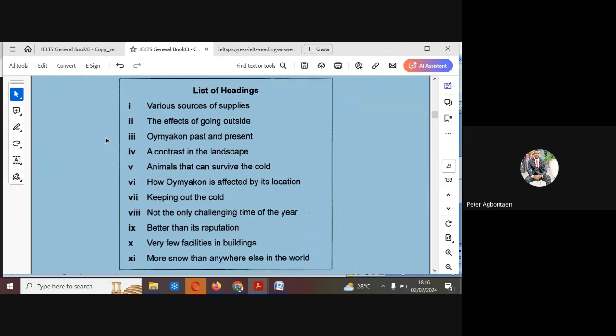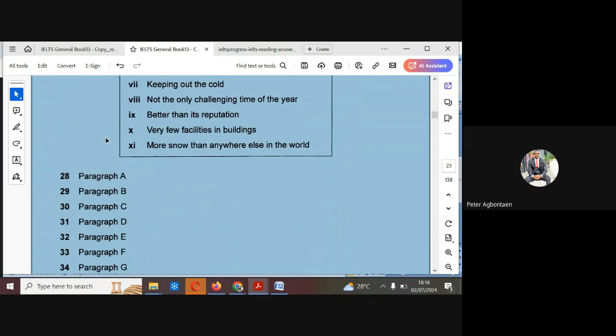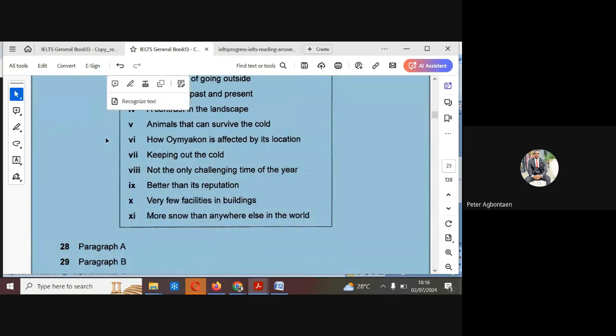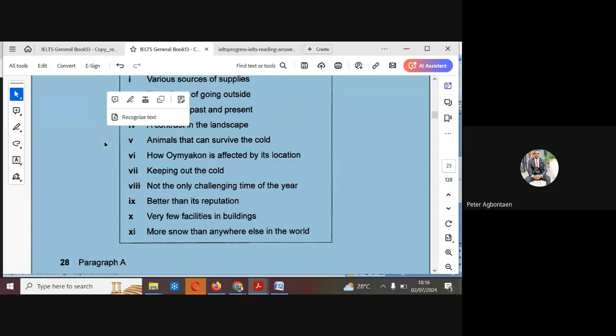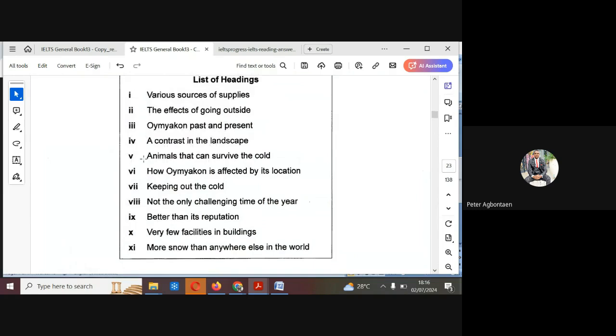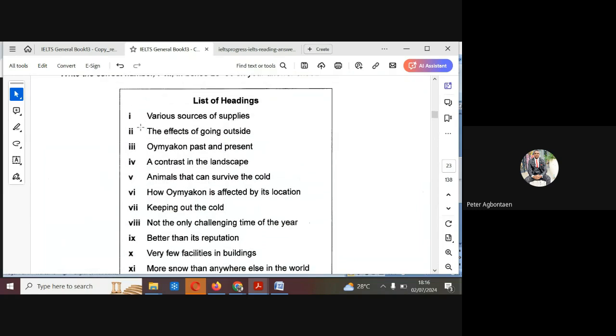That means you can write Roman figure 2 against number 28, and also write Roman figure 7 against number 28, and continue to paragraph B, paragraph C, and paragraph D. There are chances that when you get to paragraph D, it will be pretty obvious to you that the effects of going outside, Roman figure 2, which you also gave to paragraph A, is more appropriate for paragraph D. So what you then do in that case is erase it from paragraph A and give it to paragraph D. And there may even be times that you read a paragraph and can't immediately find an appropriate answer.